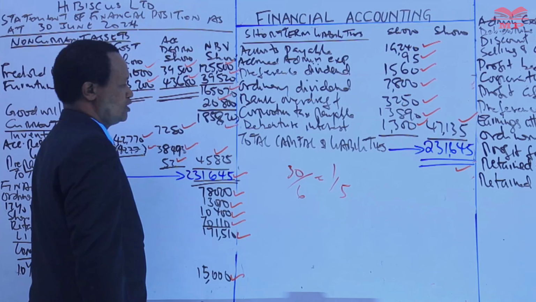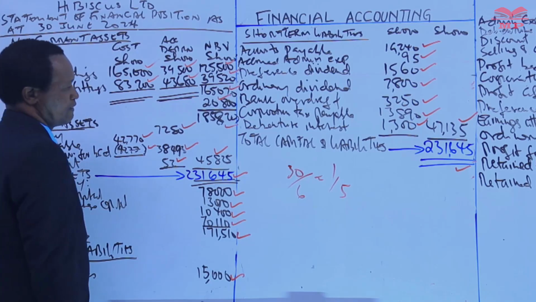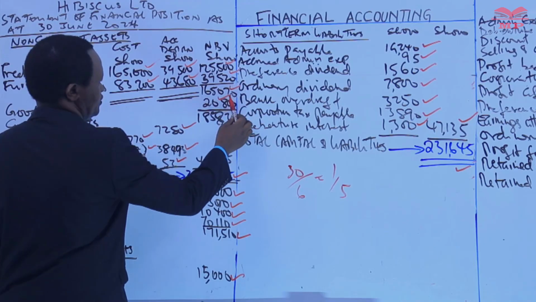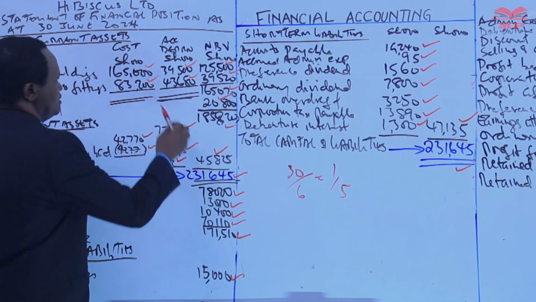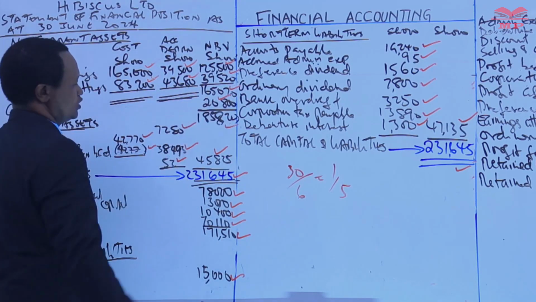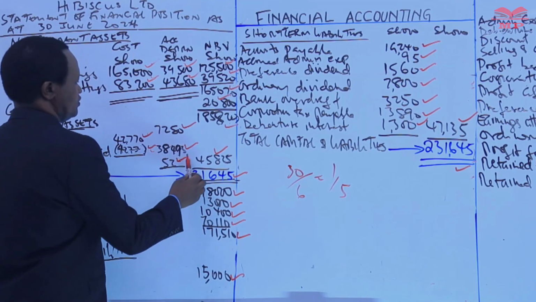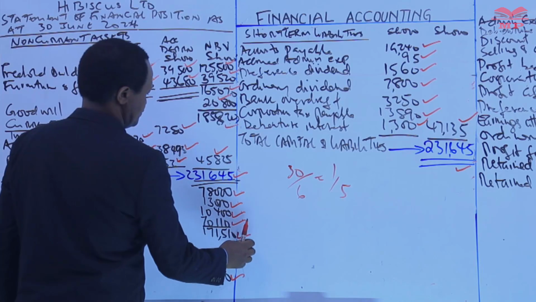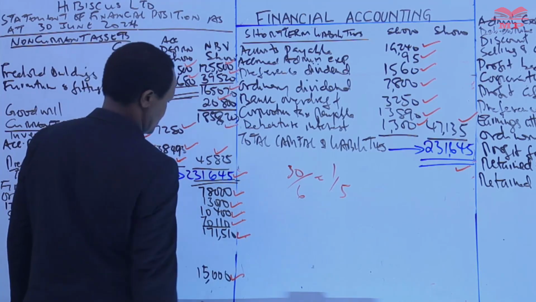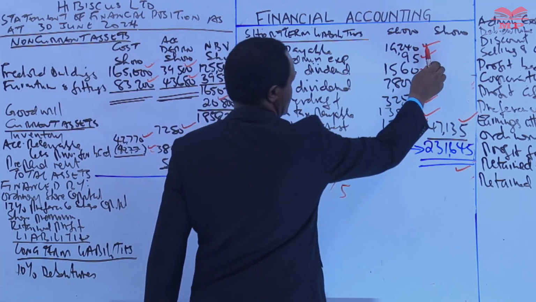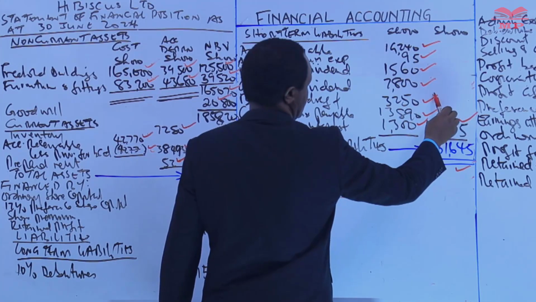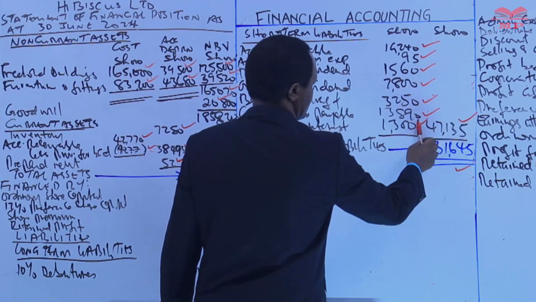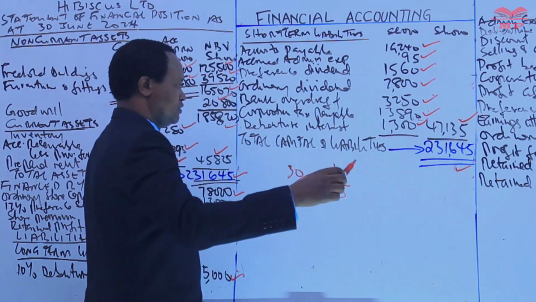To earn 1 mark, you have to make 5 entries. 5 entries, 1 mark. 10 entries, 2 marks. 15 entries, 3 marks. 20 entries, 4 marks. 25 entries, 5 marks. 30 entries, 6 marks.